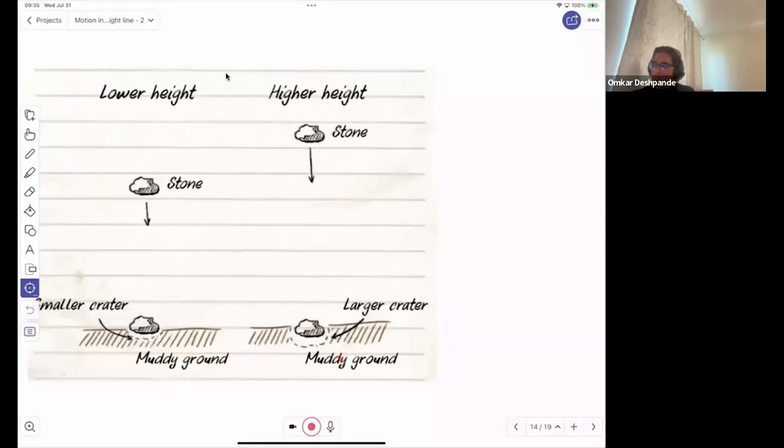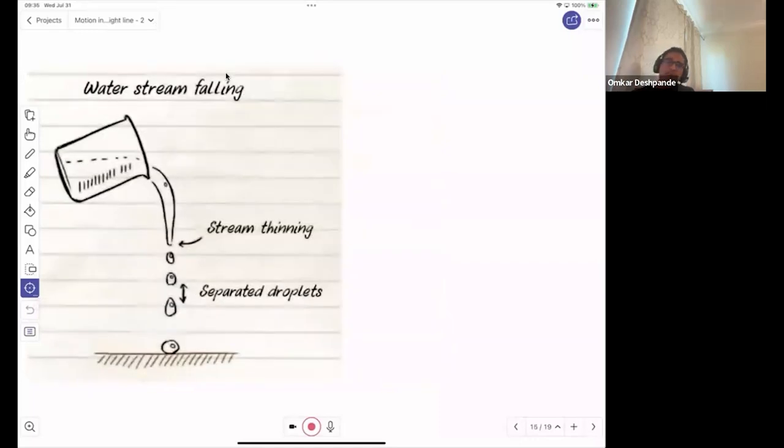This applies to objects made of earth, and it also applies to objects that are liquid. Let's say you open the tap in your bathroom, allowing the water to fall from a sufficient height onto the floor. What you will see is that near the mouth of the tap, the flow seems continuous. But then, as you look closer to the ground, you'll see that the droplets separate out.